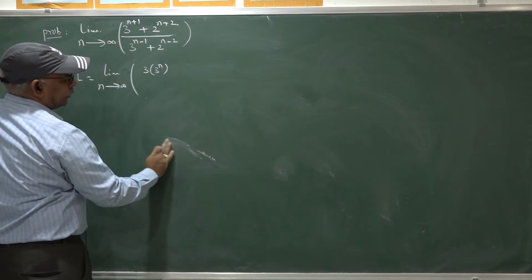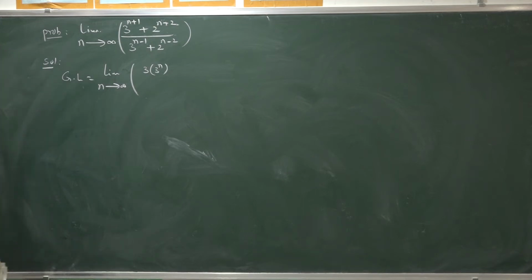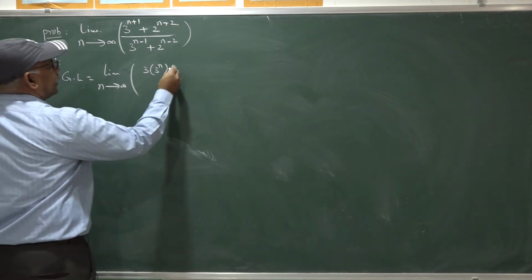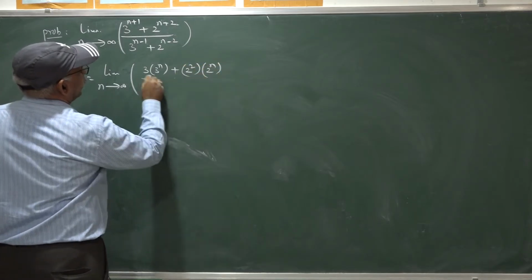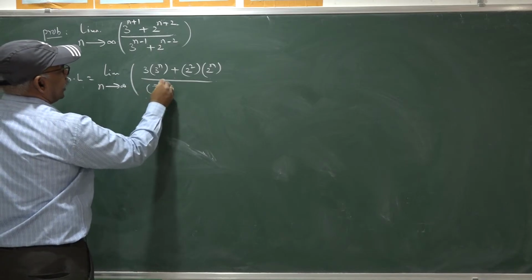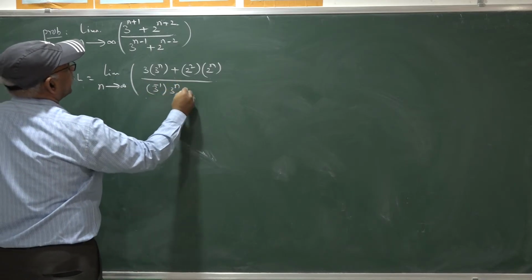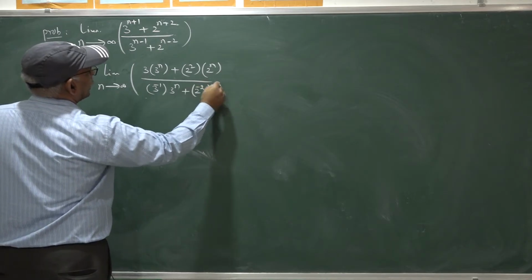Based on that, you can write 3 power n plus 1 as 3 power 1 into 3 power n, 3 into 3 power n. Similarly, this is 2 square into 2 power n, and in the denominator this is 3 power minus 1 into 3 power n plus 2 power minus 2 into 2 power n.